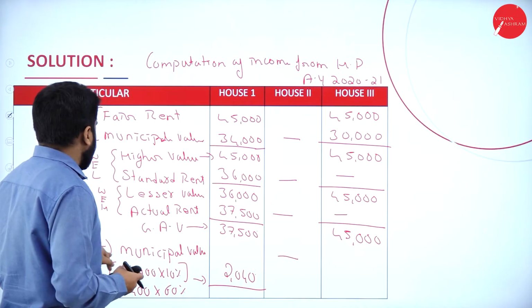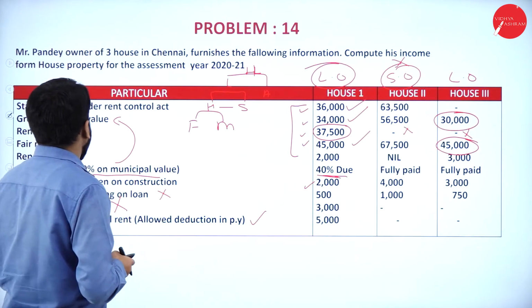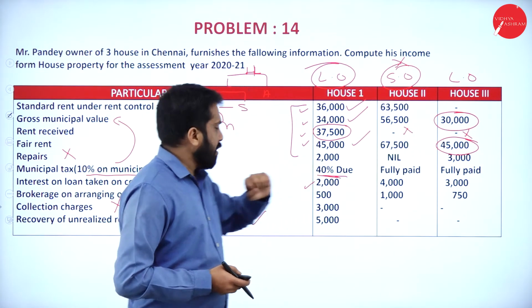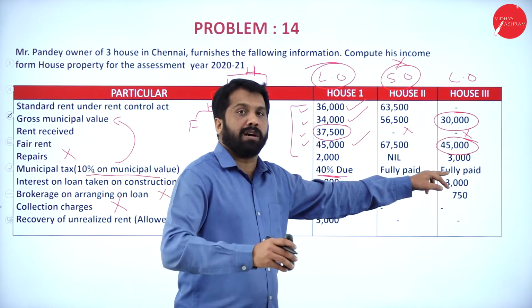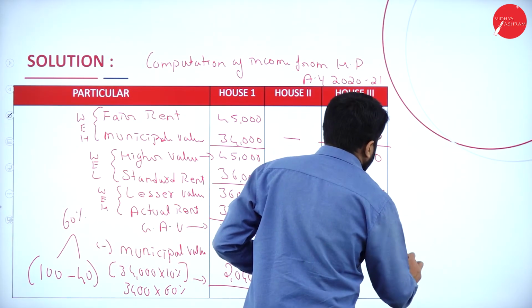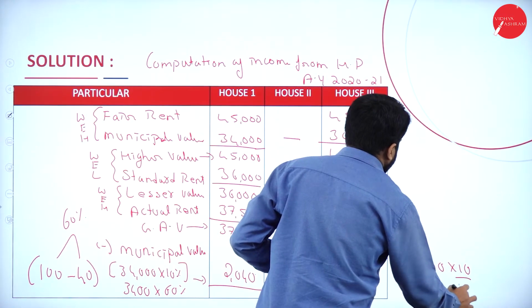Now, minus what? Municipal value. How to find out municipal value? Simple. Your gross municipal value is 30,000. Percentage is 10%. Fully paid, full amount. 30,000 multiplied with 10%.